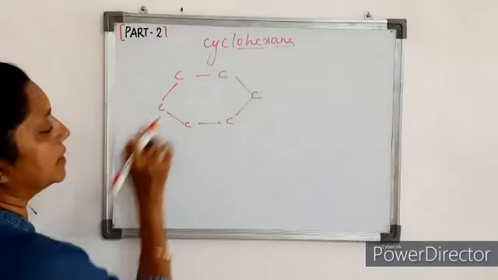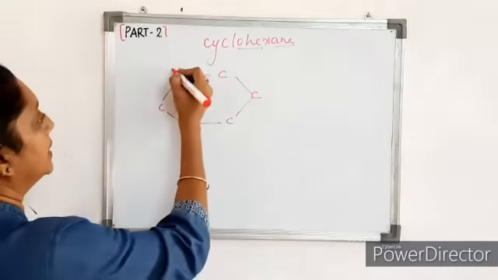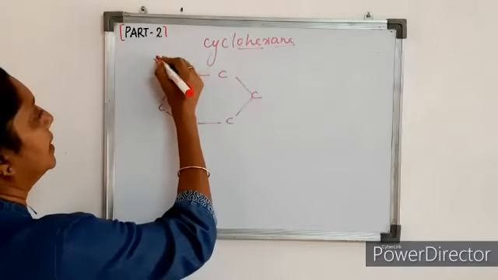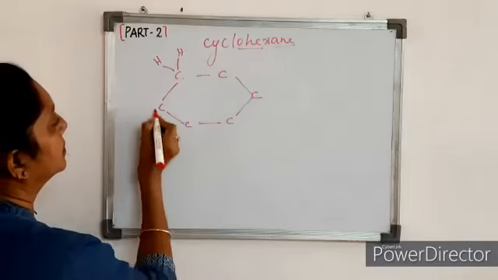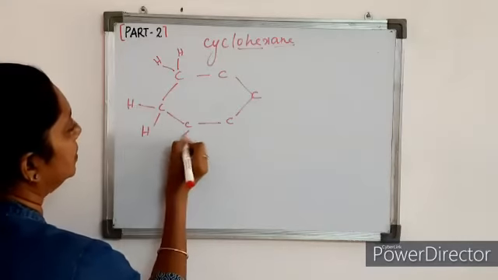Now satisfy the valency of the carbon atoms. 1, 2, 2 valencies are completed. Then 3 and 4. Similarly with the other carbon atoms also.